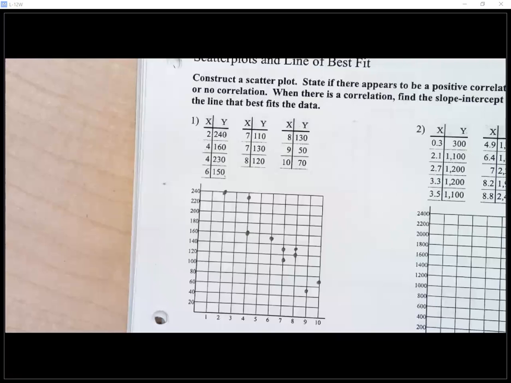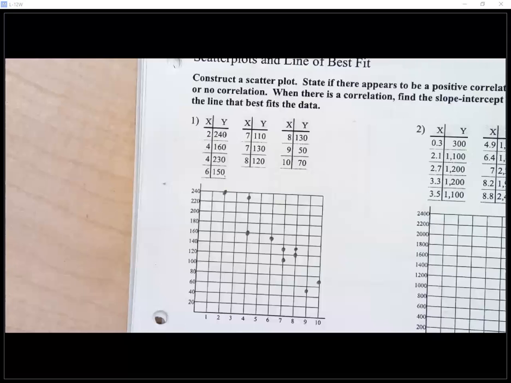Draw a line through the middle. Guys, who wants a broken pink?